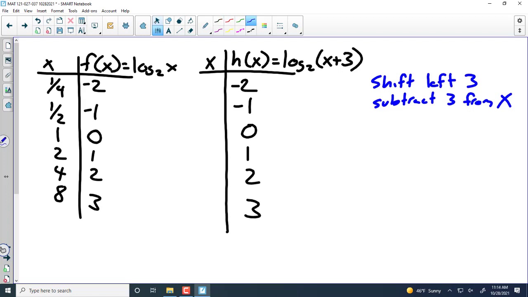But we do have to subtract 3 from all these over here. Now that might give you a bit of a headache when you're doing some of these because they're fractions, so let's see here.